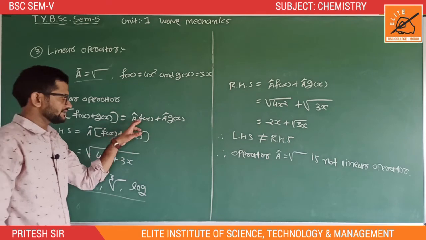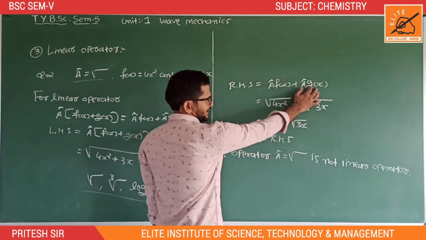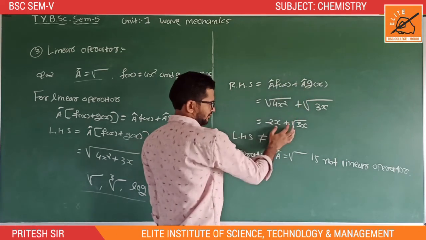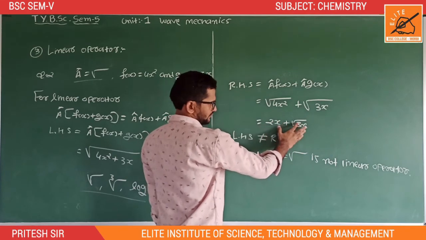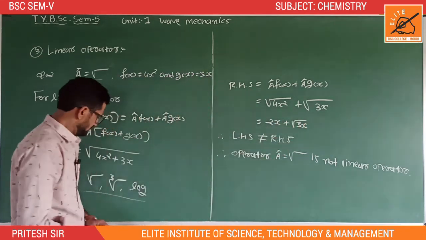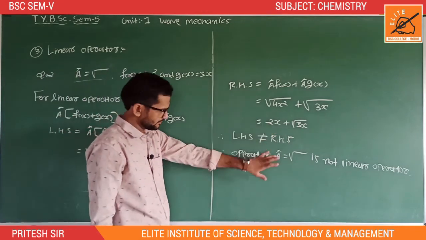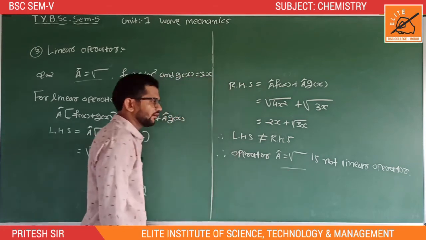The value of RHS is equal to A cap f(x) plus A cap g(x). Put the values of f(x) and g(x), and finally we get the value of RHS as 2x plus under root 3x. Here we can see that the values of LHS and RHS are not equal. It means the operator A cap equal to square root is not a linear operator.